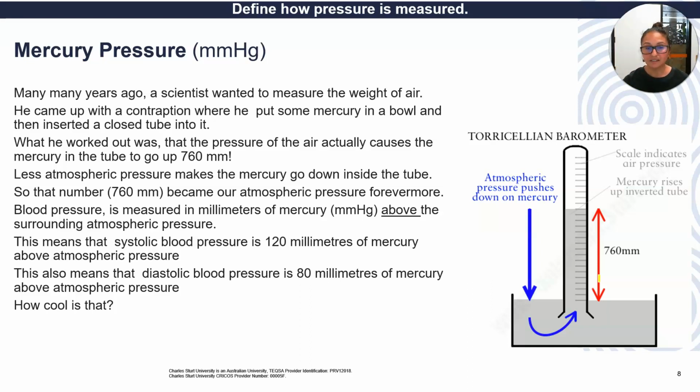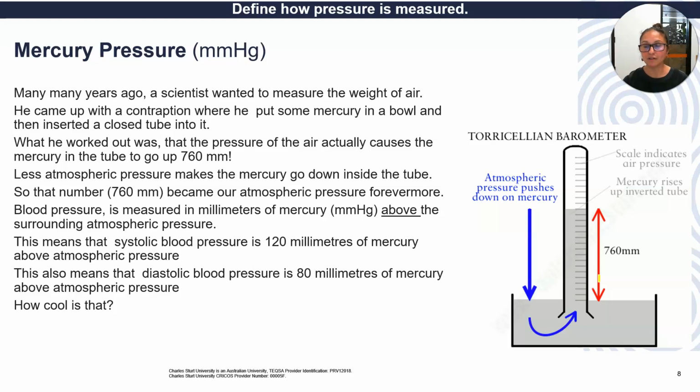So this number, 760 millimeters, is the number that we refer to as atmospheric pressure. It's at sea level. That's what we're talking about.